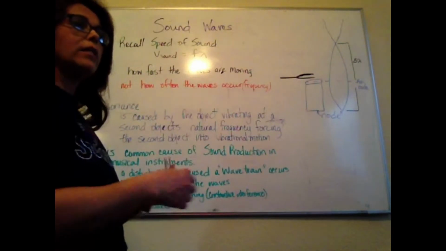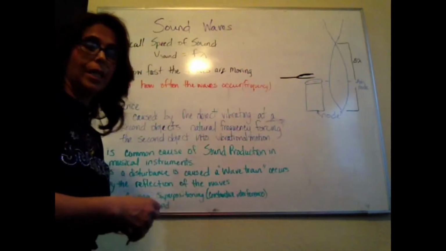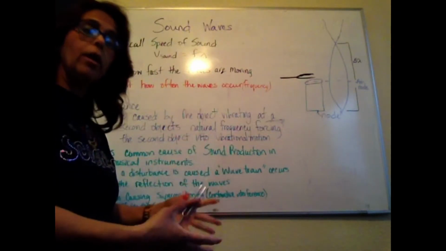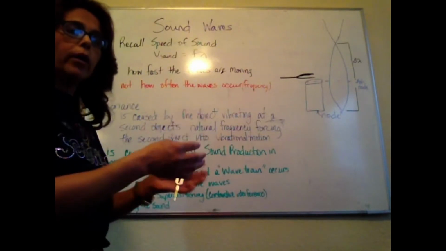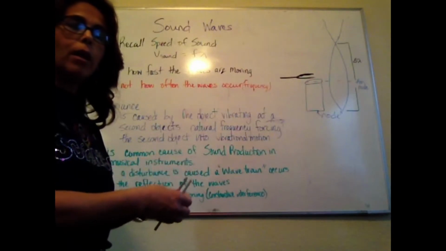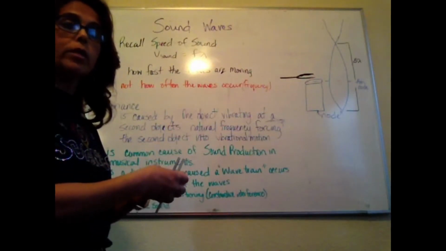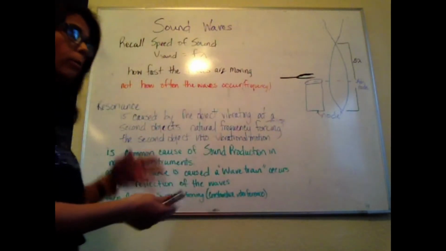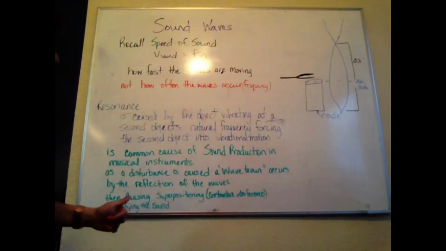So if we have exactly the right frequency, it can actually make the second object shatter, because all the particles are moving exactly at the same rate with the same frequency, that it's too much for the material and it just breaks apart.